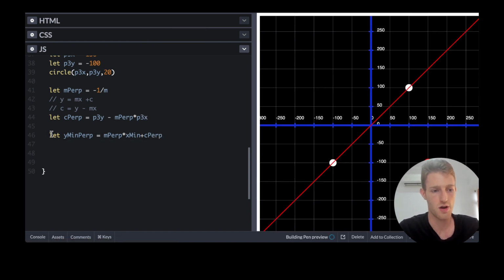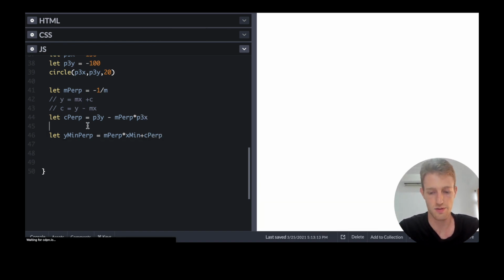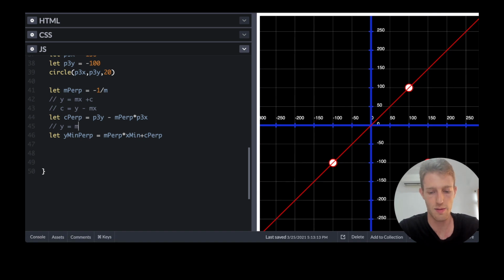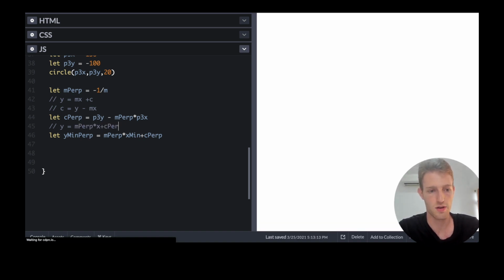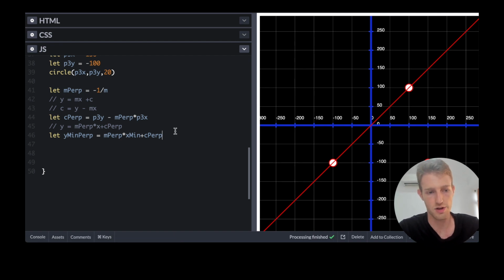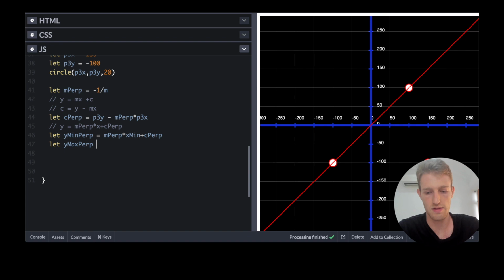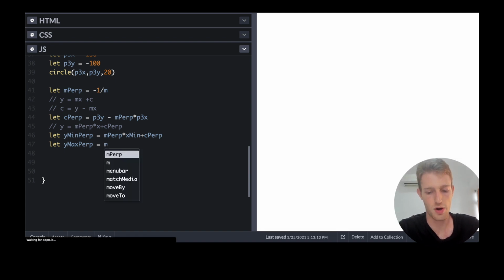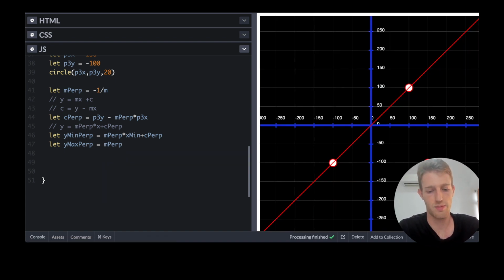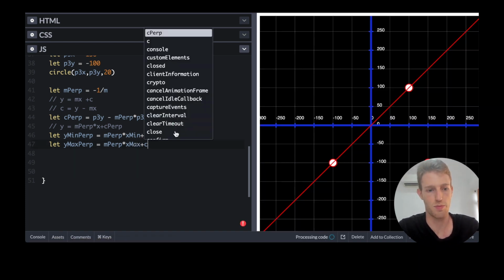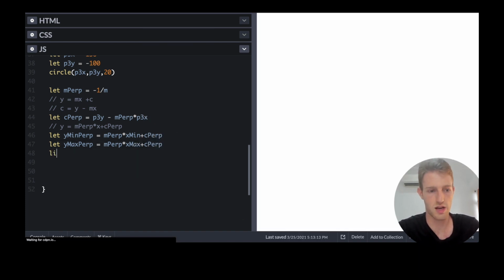What we're essentially saying is y is equal to m perp times x plus c perp. That's the equation. Then we say y max perp is equal to m perp times x max plus c perp. And then we can draw a line.